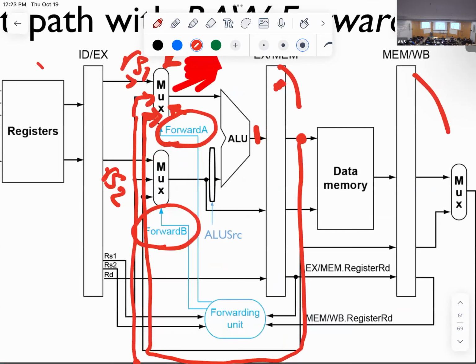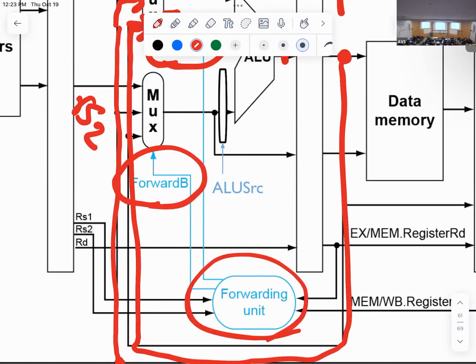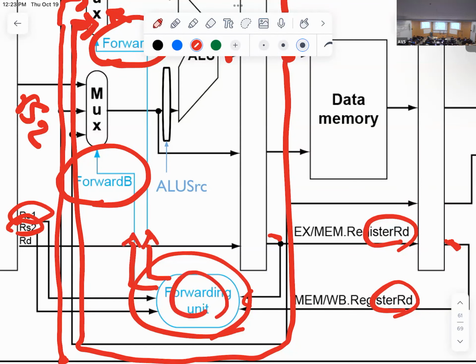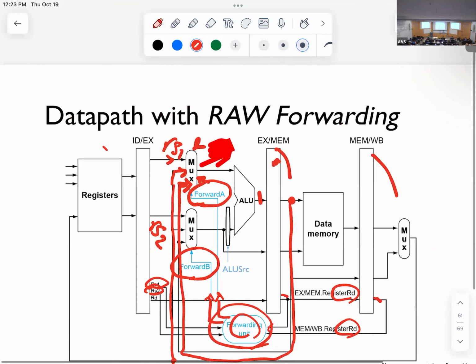This is the forwarding or hazard detection unit that we're going to have. As you can see, it takes RS1 and RS2 as inputs. It also takes the RD of these two registers from here and here as inputs, and it issues these control signals. This control signal is usually different from your regular control signals. It's a separate unit that we usually put somewhere else in our design.